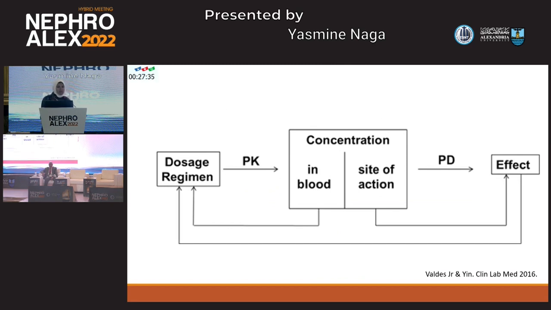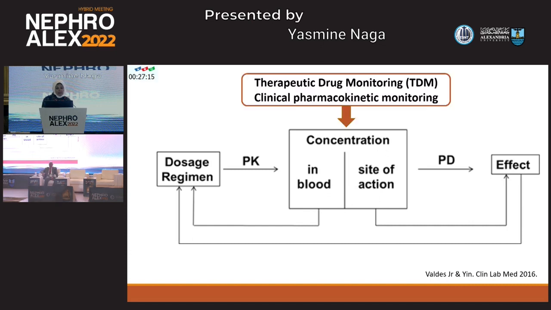If you want to understand how the drug works in the body of the patient, we give a dose, then the pharmacokinetics, the absorption, the metabolism, the distribution and excretion lead to a certain concentration in the blood, a concentration at the site of action, and then the pharmacodynamics, or the way the body reacts to the drug, gives the desired effect.